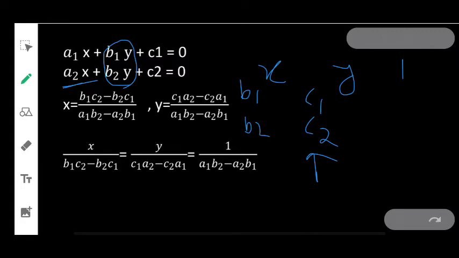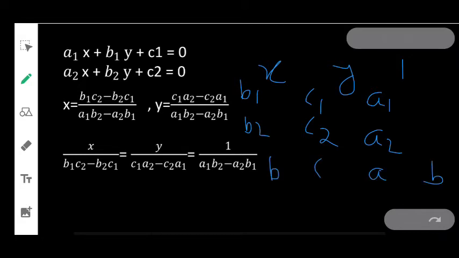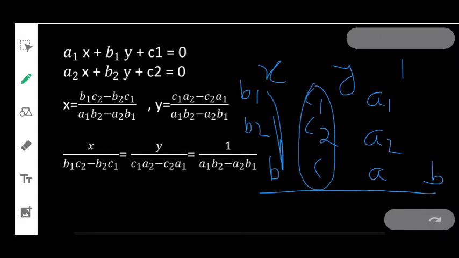Here the coefficient of x in the first equation is a1, and in the second equation it is a2. This method should be b, c, a, then again b. As you can see, b1 b2, c1 c2 and a1 a2.